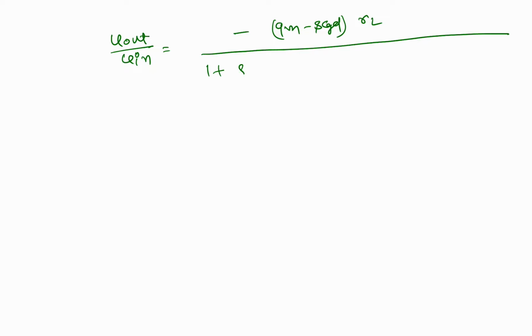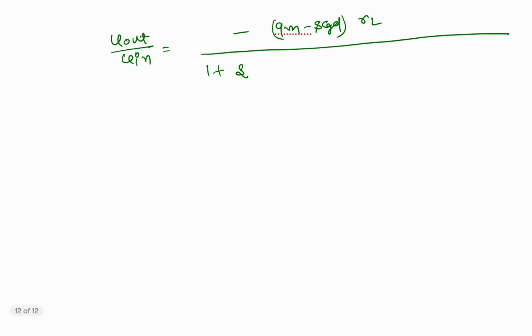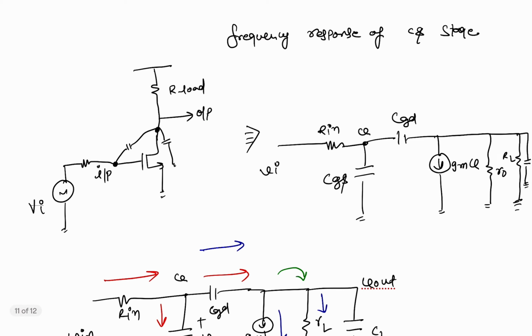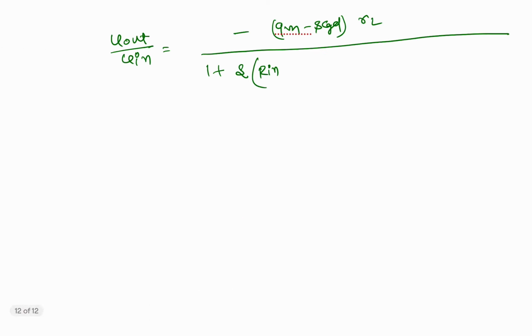1 plus s times the following. Okay, that will be equal to Rin Cgs plus gm times Ro into Cgd, added to Cgs plus Cgd times gm RL.